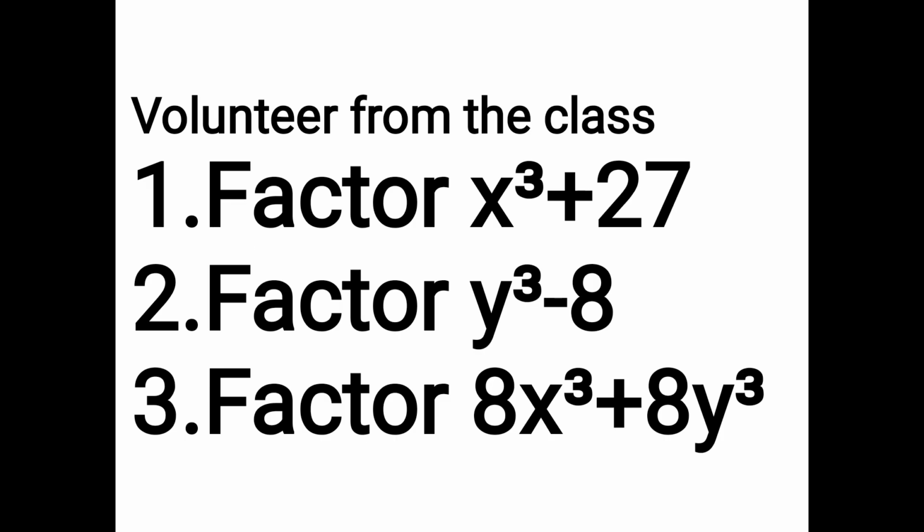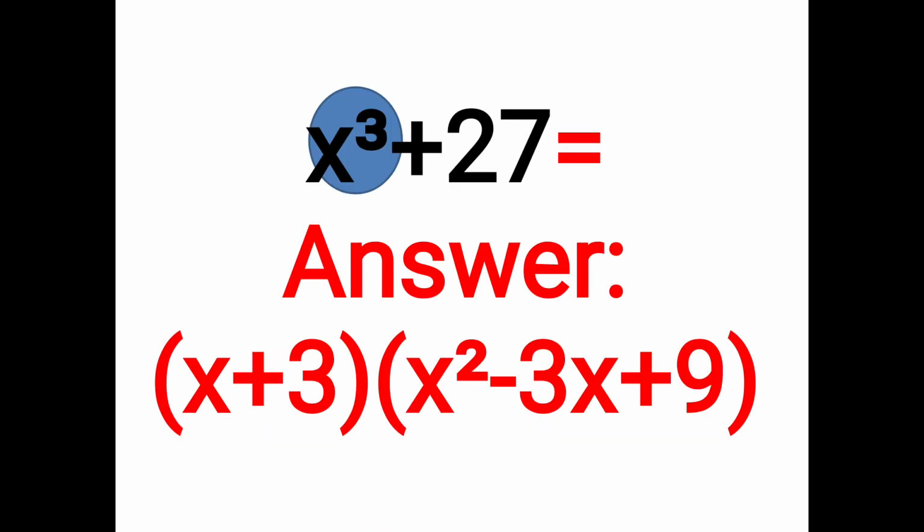So another one, we have to factor x cubed plus 27. Get the cube root of x cubed, we have x and then x squared. For the 27, the cube root of 27, we have 3 times 9.